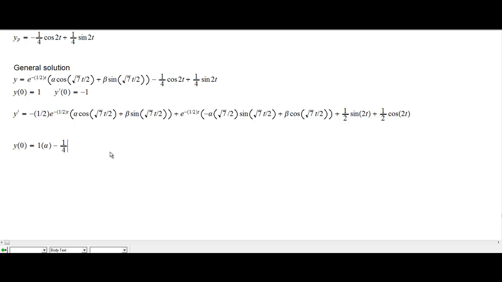Okay, 1/4, and that's it. Because everything else goes to 0. Oh, very nice. All right. And that all equals 0. I'm just trying to simplify it for a second. And this equals 1 actually. Okay. Y0. So this equals 1. So alpha will be 5/4, right?